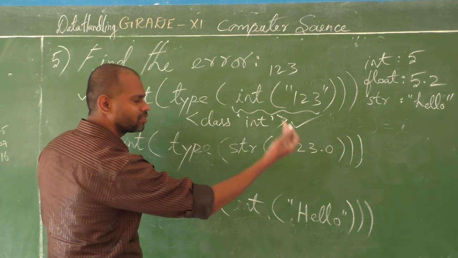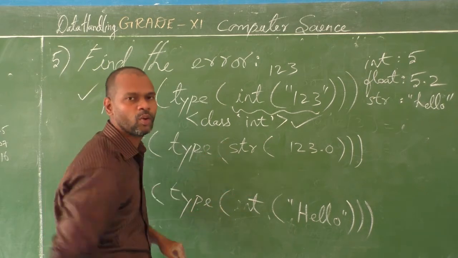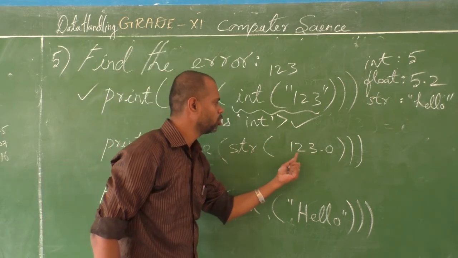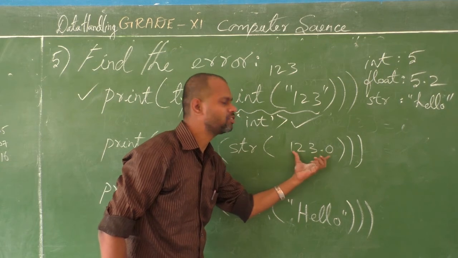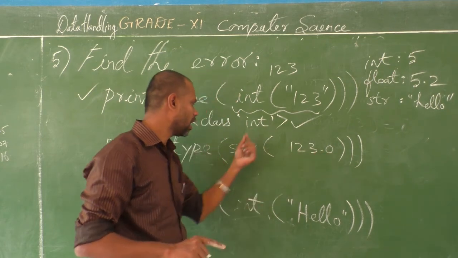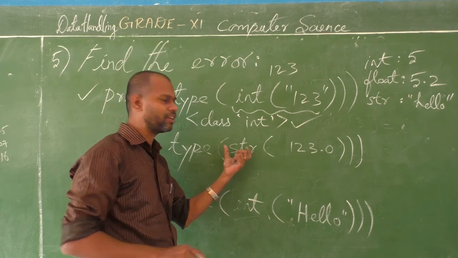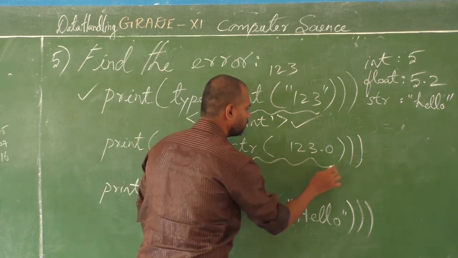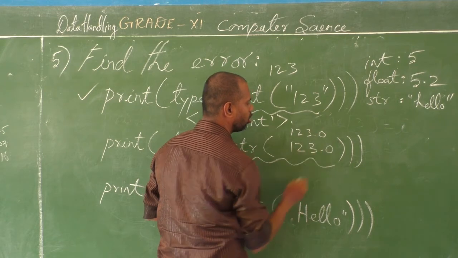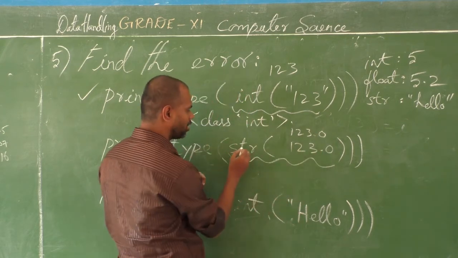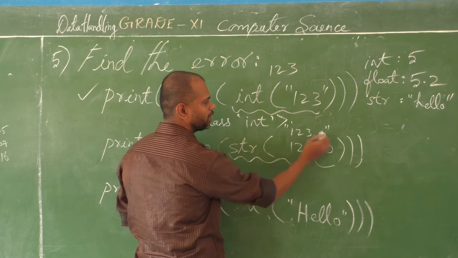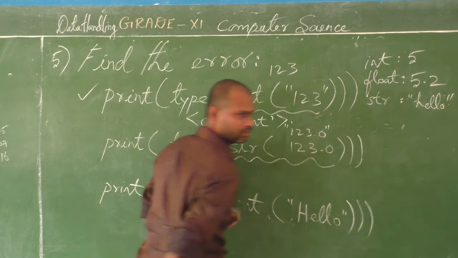Yes. Big brackets, medium bracket, small bracket. What to see? Yes, you have to use the small bracket. So 123.0, it is of what type? You say. Yes, it is of float type. Now, because of this str function, 123.0 will become a string, like this.